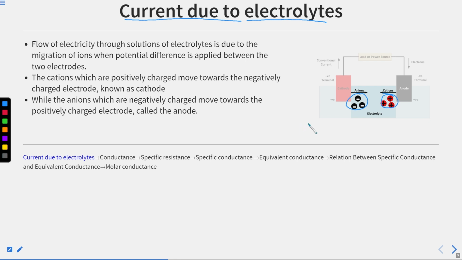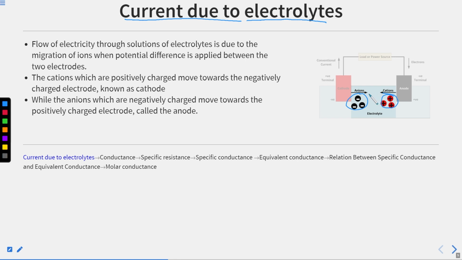Anions, which are negatively charged, will move from the cathode towards the anode, and the positively charged cations will move from the anode to the cathode.